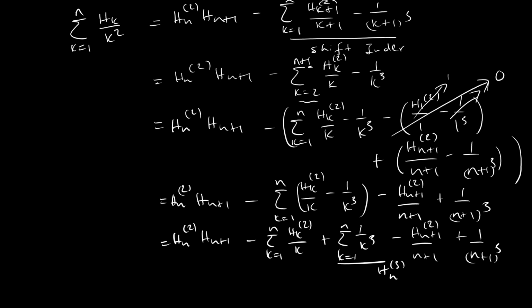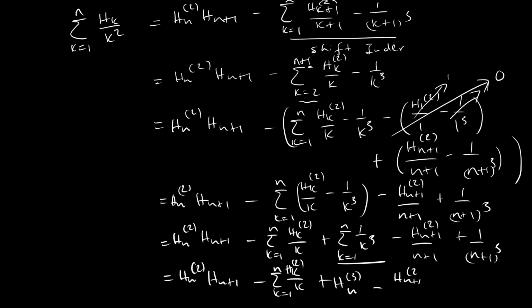So in other words, our summation comes to H_n to the 3 minus... plus 1 over n plus 1 cubed.